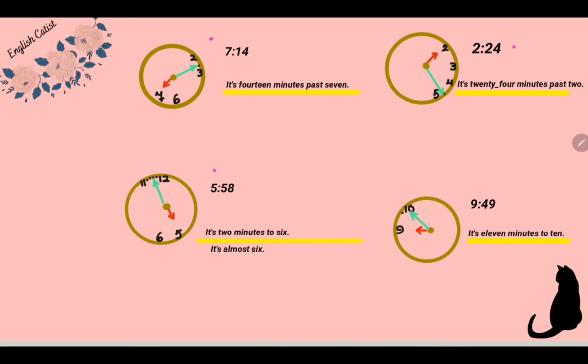Now look at the other one. After 2 minutes, we have 6 o'clock. So it's 2 minutes to 6, or it's almost 6. What about this one? It's 11 minutes to 10. Yeah?